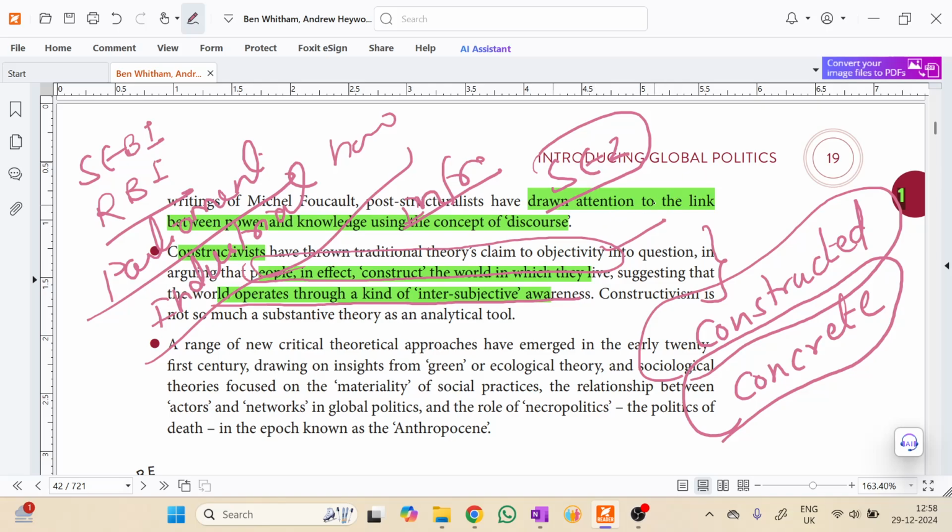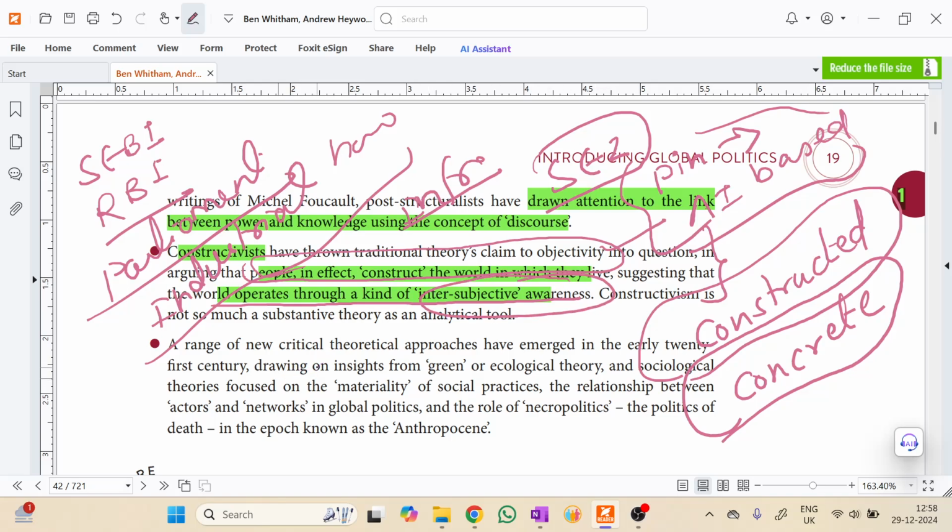Any such thing, from creating a small pin to large AI-based ideas, all of these have been brought into life. They have been given a shape, and this construction is because of this intersubjective awareness between people.